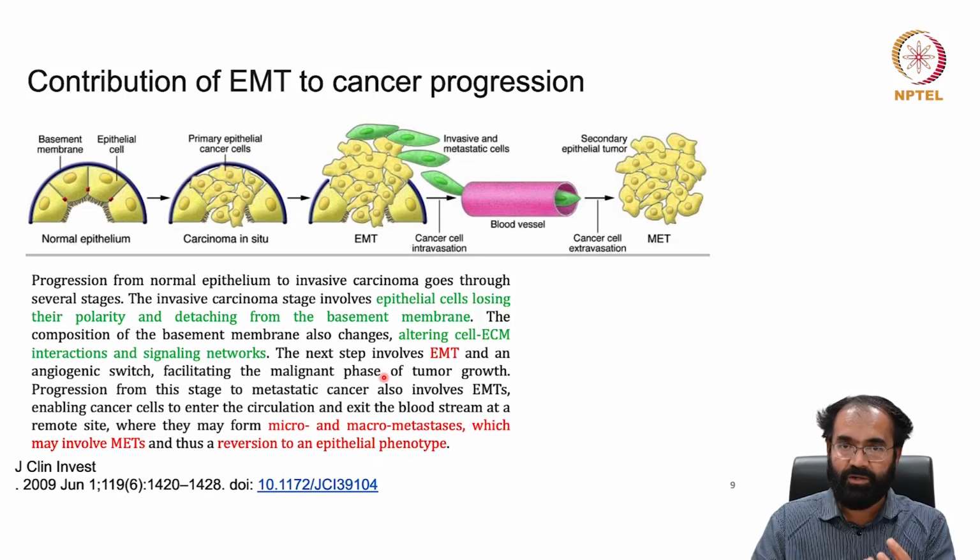Why do we study this? Because the same thing happens during embryonic development and also during wound healing or regeneration. The only difference is they are normal cells during development and also during wound healing. They are not cancerous cells. They are normal cells. Hence, their proliferation is not unchecked.